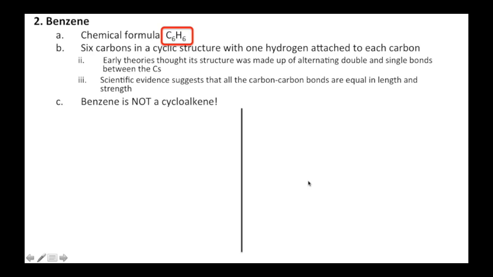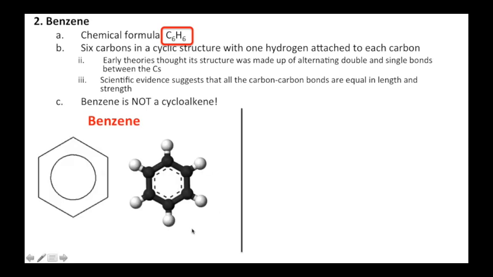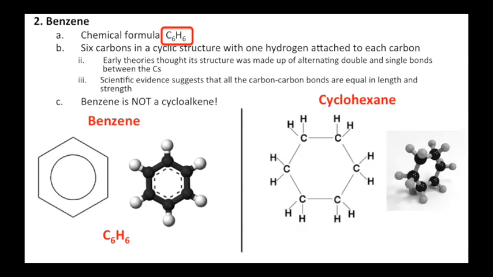Okay, so benzene has a formula of C6H6. So watch carefully. Here's benzene. There's that diagram I just showed you. Now if I was to use the ball and stick model, here's what this diagram is. We've got 6 carbons attached to 6 hydrogens. Okay, and so the formula is C6H6, as opposed to cyclohexane, which would look like this.